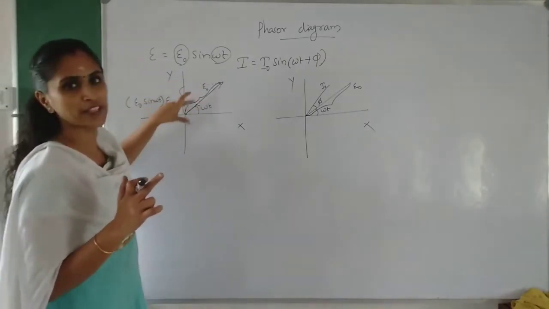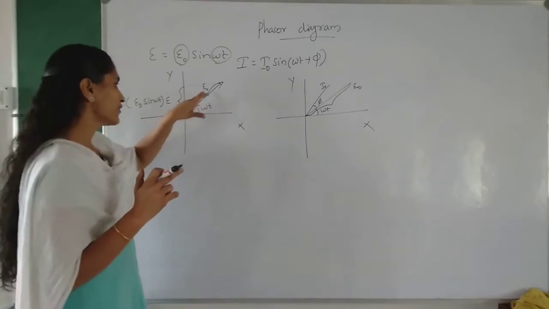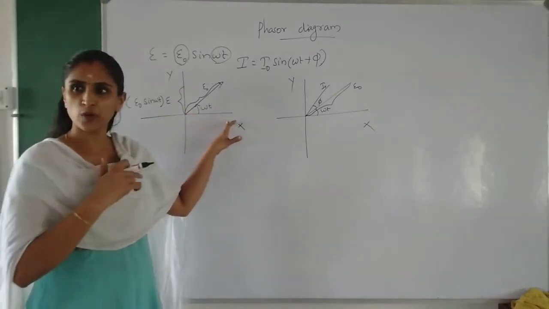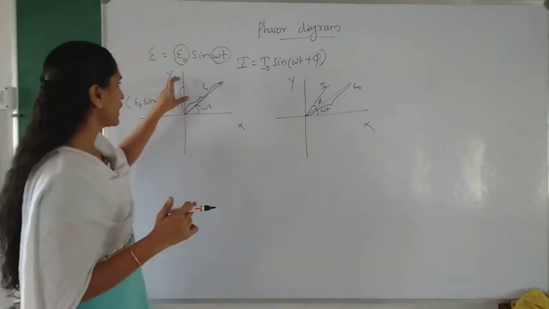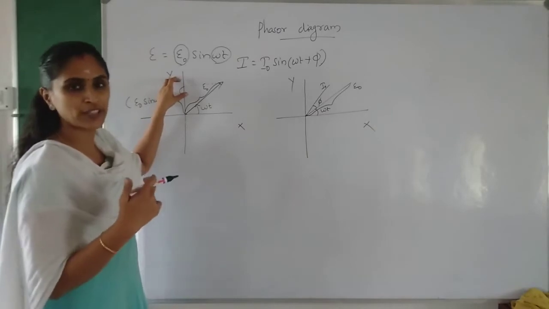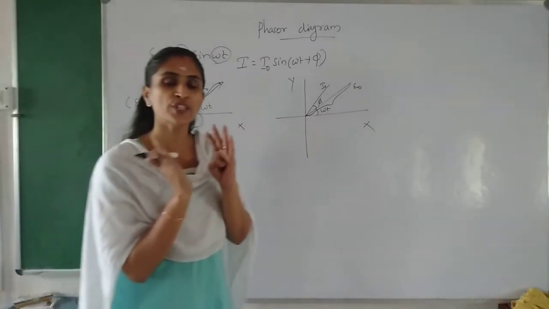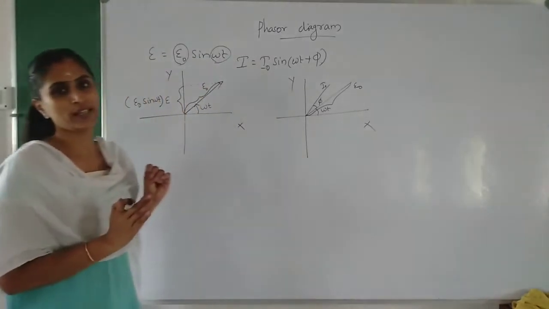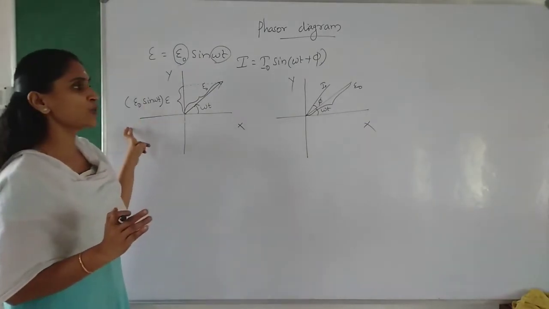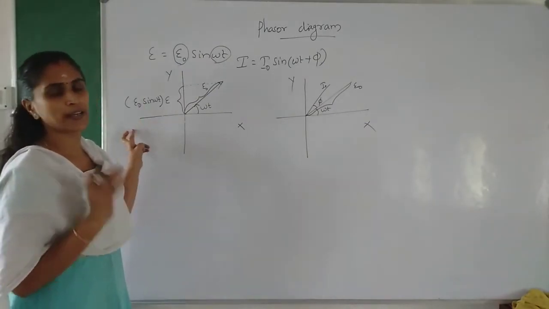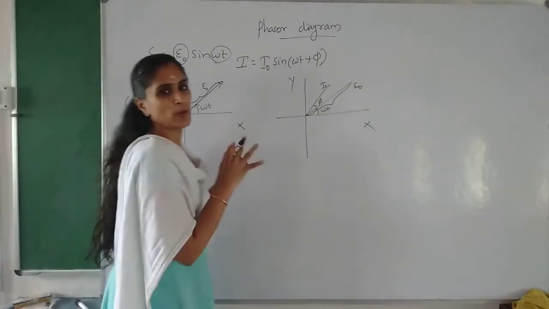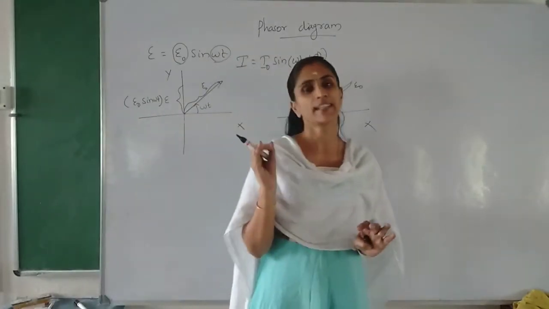If we resolve this vector into components, cos omega t will be along the horizontal direction and sin omega t along the vertical direction. So its projection along the y direction is the instantaneous value of voltage or current. This is what is meant by a phasor diagram.